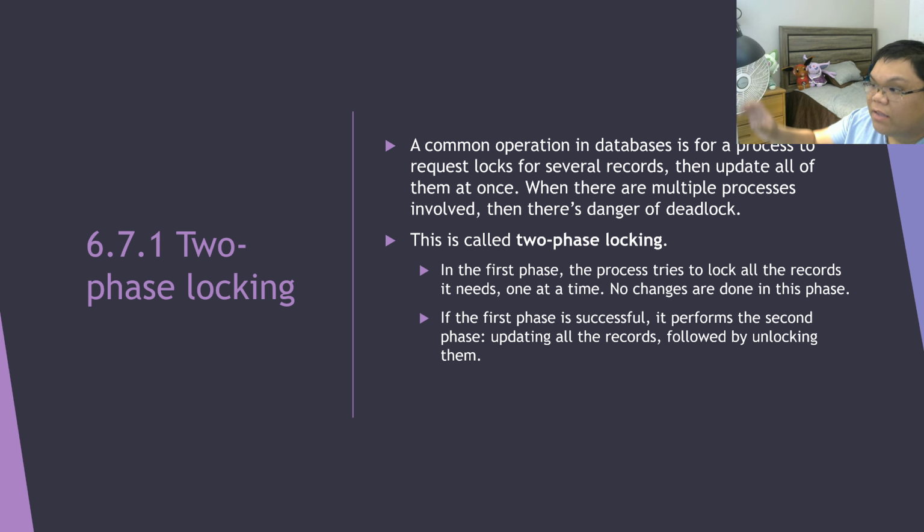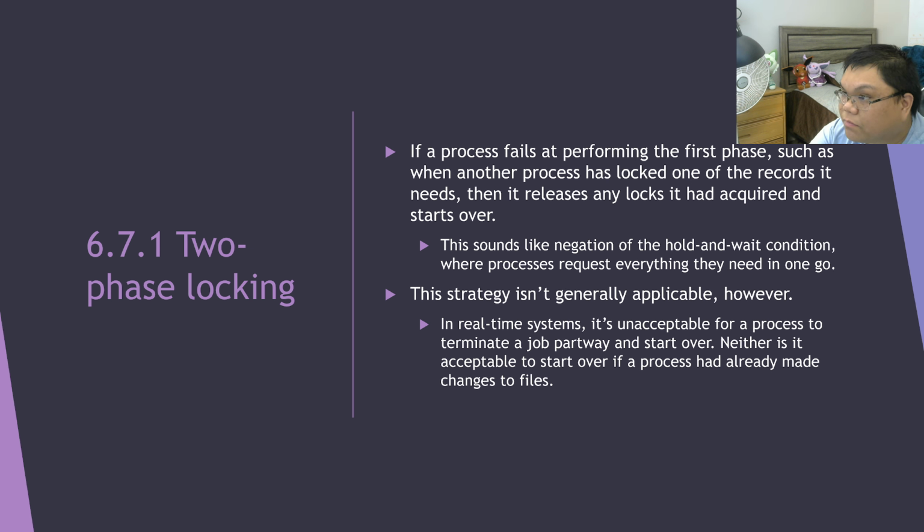In the first phase, the process tries to lock all the records it needs one at a time. No changes are done. Once that process has locked all the records it needs, it does all the changes it needs to do on those records, and then it unlocks all of those records.